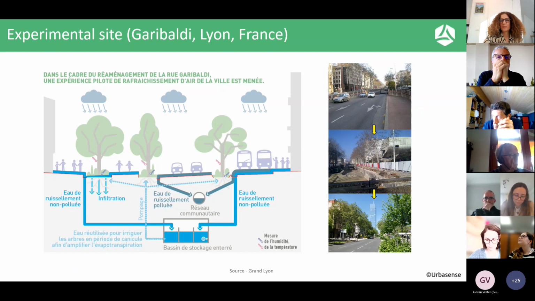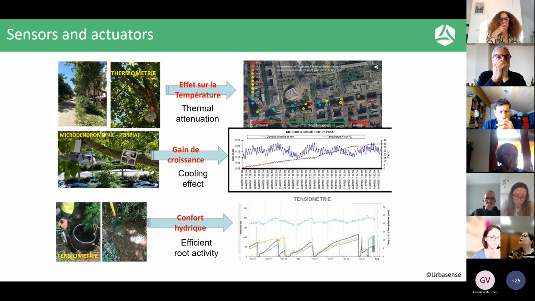Next, please. You have sensors and actuators all over this avenue. You have thermometry and the measurement of the thermal attenuation, so it's in the air.